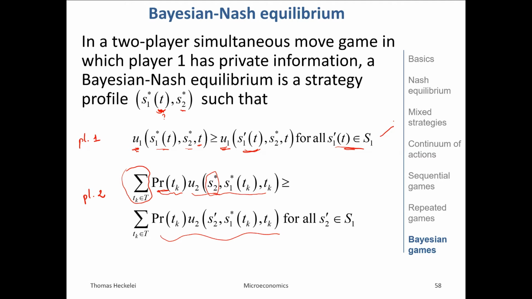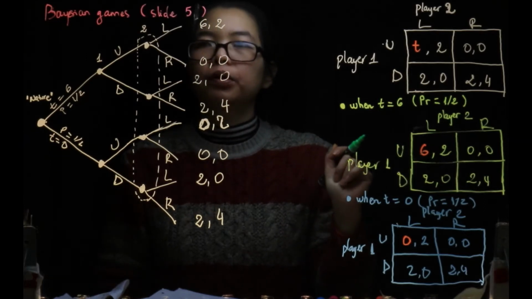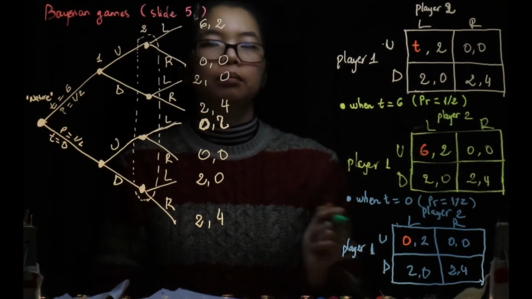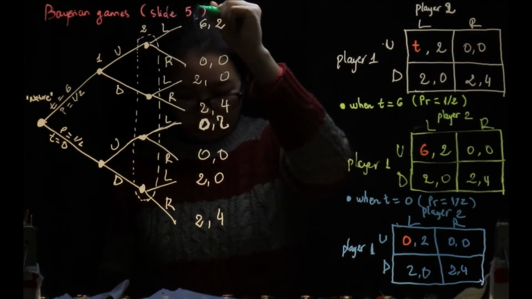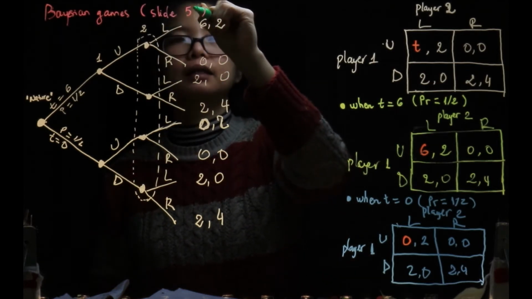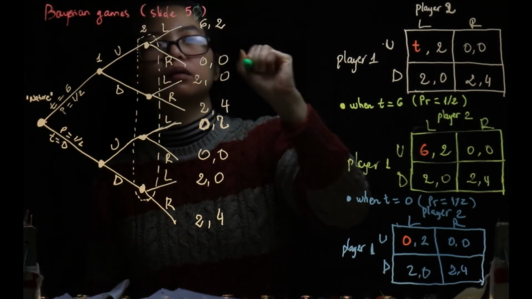Okay? Keep that in mind. Now, the next step will be to identify possible candidates for the Bayesian-Nash equilibrium, which is now on your slide 59.